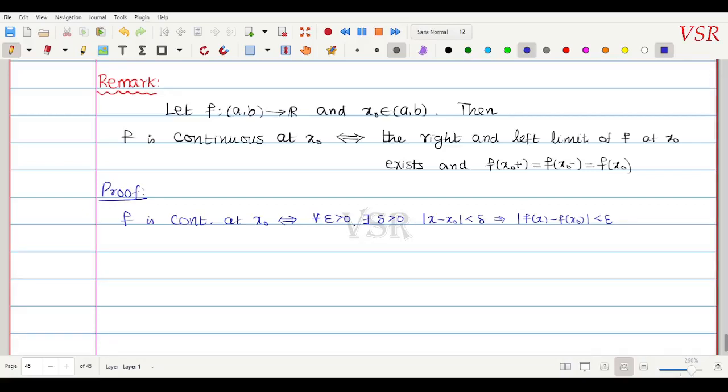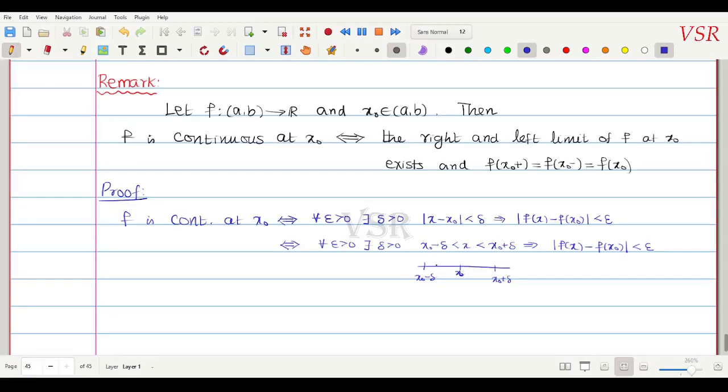Let me elaborate a little more. This holds if and only if for every epsilon positive there exists a delta positive such that x naught minus delta is less than x, which is less than x naught plus delta, implies that modulus of f of x minus f at x naught is less than epsilon. So in this domain, this is x naught minus delta and this is x naught plus delta.